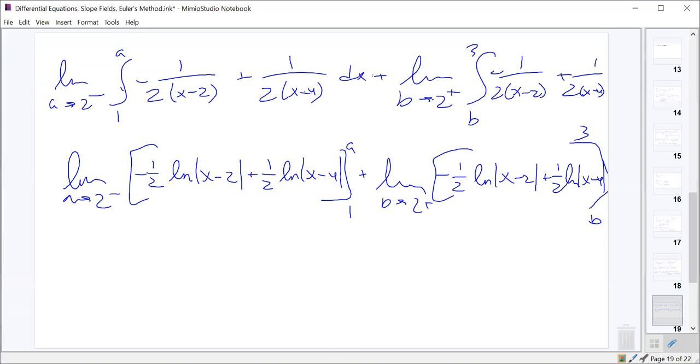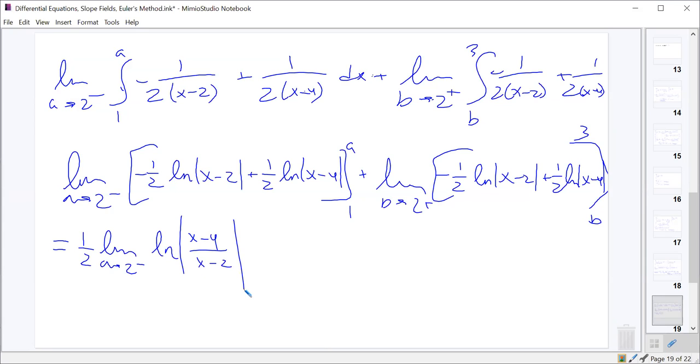Great. Now, like we were saying, we can take the 1/2 out of each of those, and then we should be able to combine the logarithms together. So this becomes 1/2 of the limit as a approaches 2 from the left of the natural log of the absolute value. This one is a positive x minus 4, and this has a minus in front of it, so we'll do x minus 4 over x minus 2 for the first half.